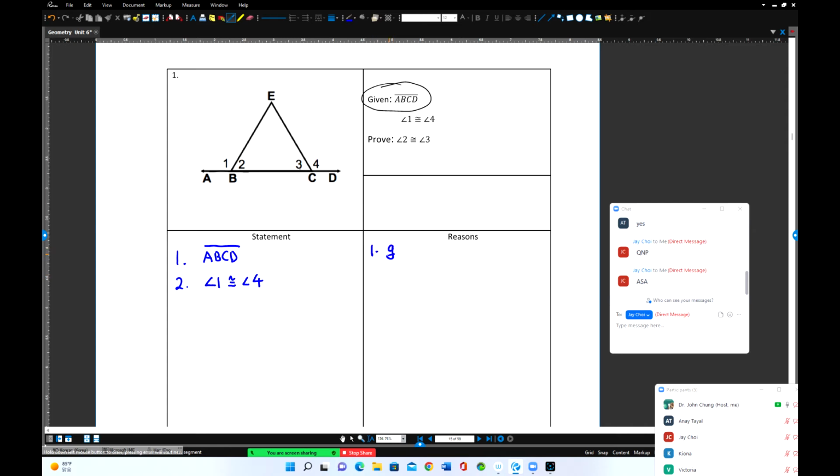This is given, the second also given. So what's the next? We have to say angle 1 and 2 are supplementary, right? So you can write down over here: angle 1 is, we already said they are congruent. Take a look at the other angles, 2 and 3. So angle 2 is supplementary.